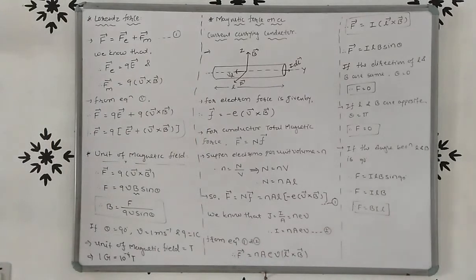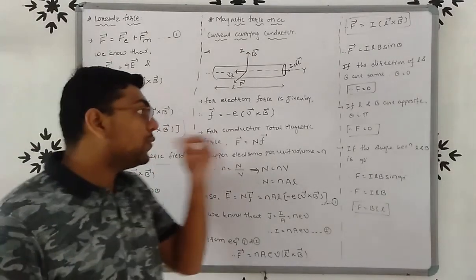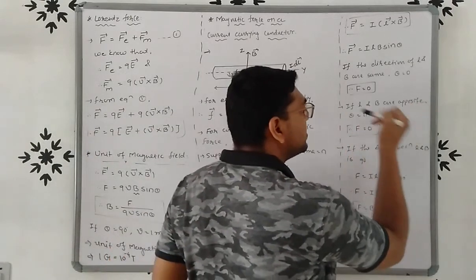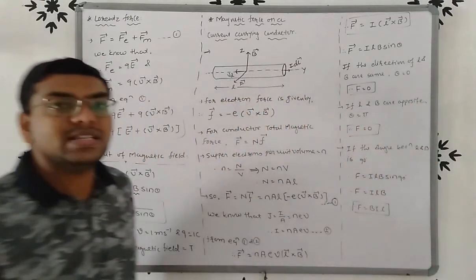So these are the different cases. If the direction of L and B are the same, if L and B are opposite, or if L and B are perpendicular, right? So if the direction of L and B are the same, then theta is 0, so force will be 0. If L and B are opposite, then theta is pi, sin pi is 0, then the force will be 0.